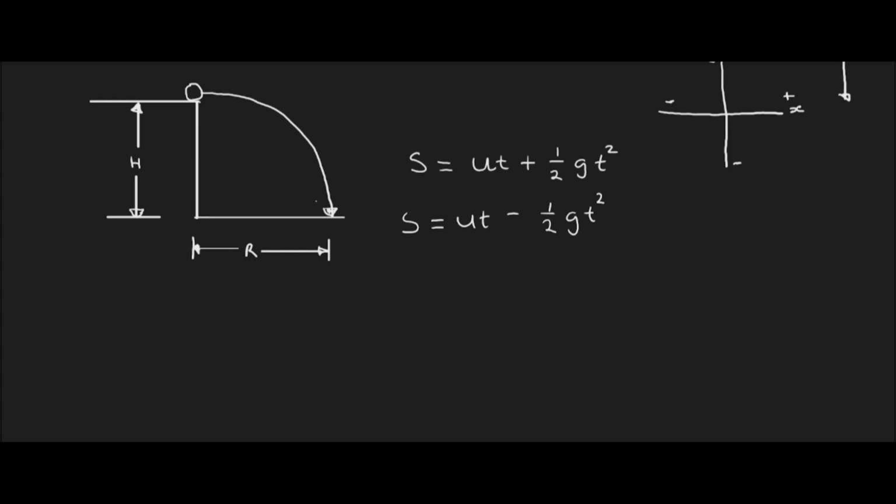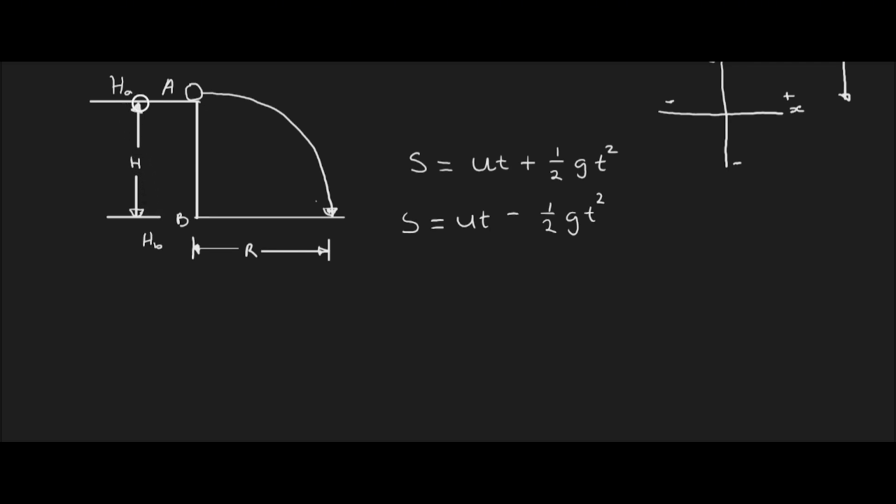Now let us say this is our point A and this is our point B. Let us say we denote the height of this point by h subscript a. We denote the height of this point with h subscript b.